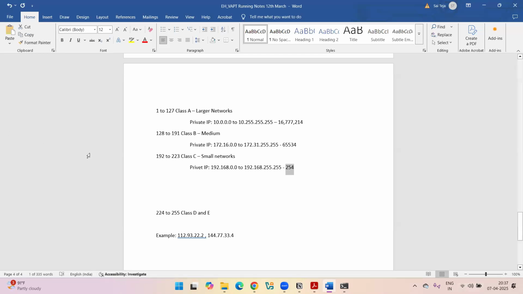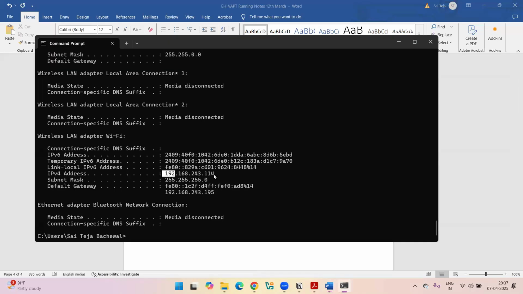But for you, the important thing is understanding this concept of IP addresses: how many classes we have, what is private and what is public, and if someone has given an IP address, are you able to figure out whether it is a public IP or a private IP? Because you cannot reach a private network directly. See, now I'm giving you my private IP, 192.168.243.114.